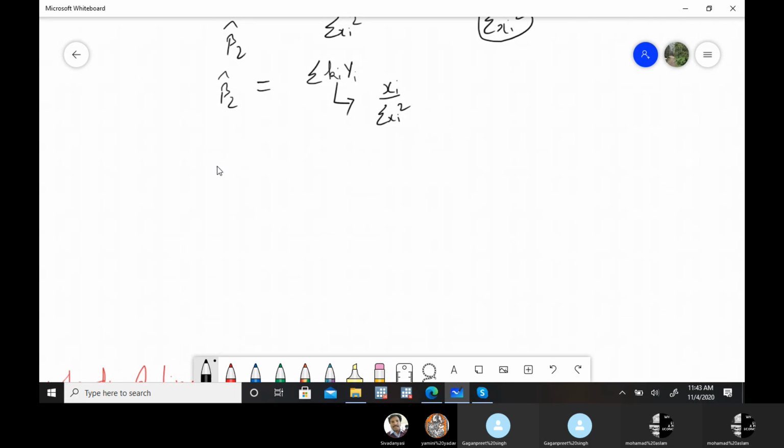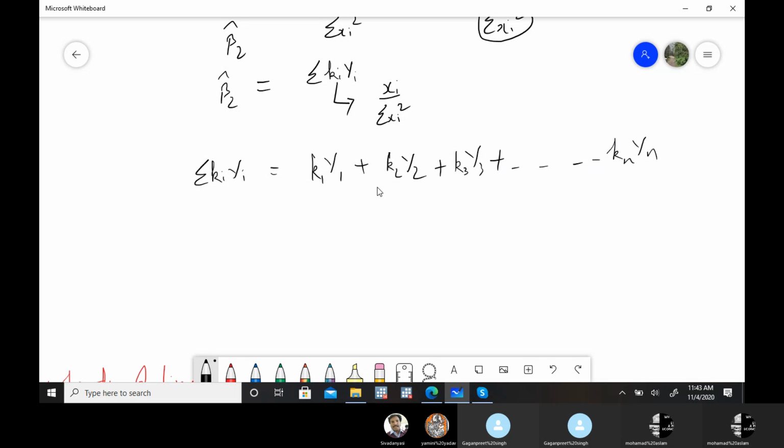If you look at this term, summation ki yi, what it means is all the individual multiplications: k1 y1 plus k2 y2 plus k3 y3 plus and so on, up to kn yn.